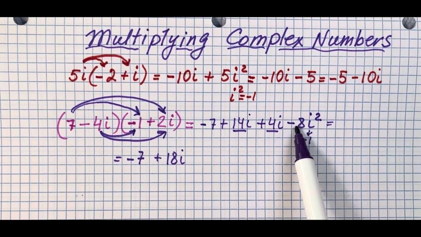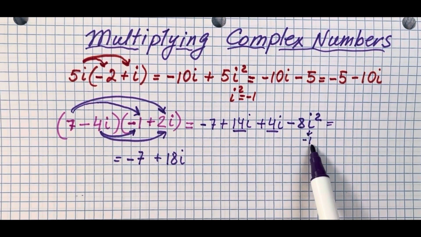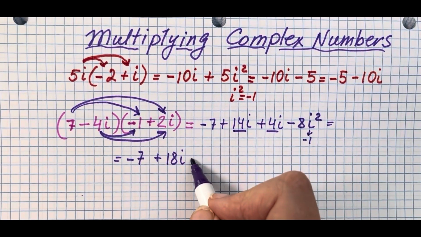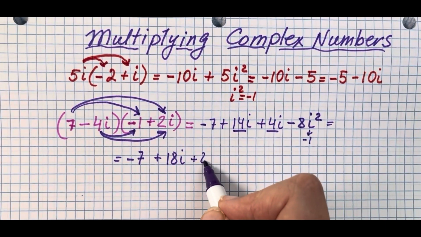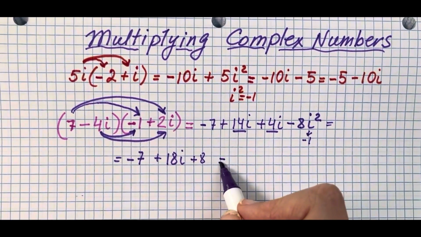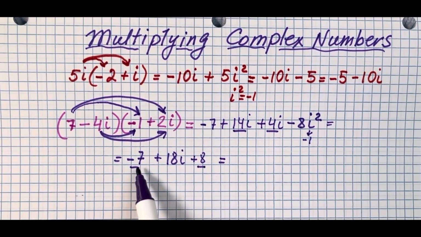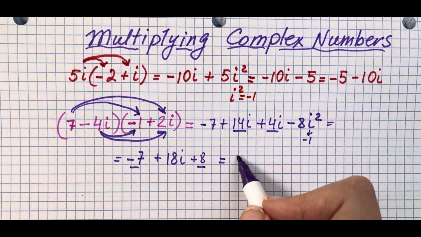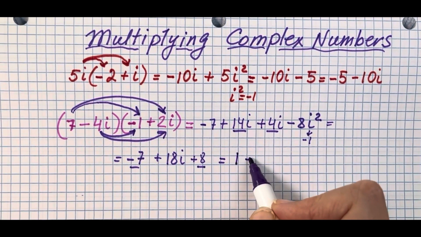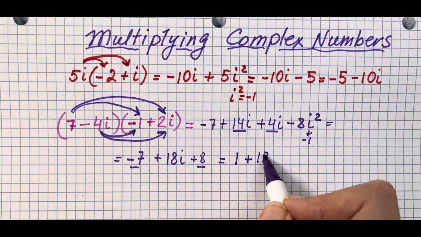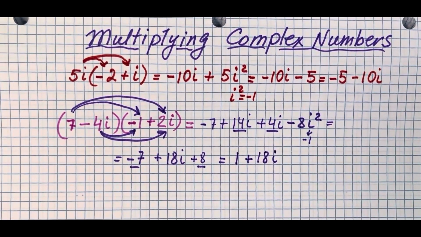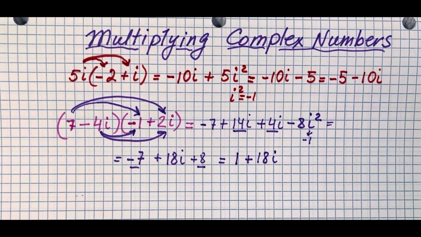So negative 8 times negative 1 gives us positive 8. And last step, we're going to combine real parts. Negative 7 plus 8 gives us 1, and plus 18i. And this is our final answer, the result of multiplying those two complex numbers.